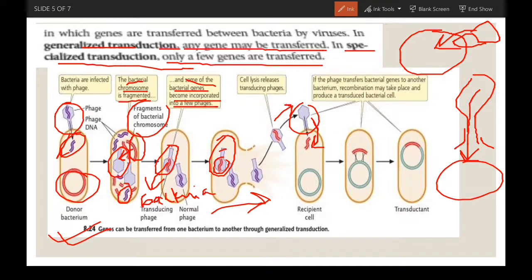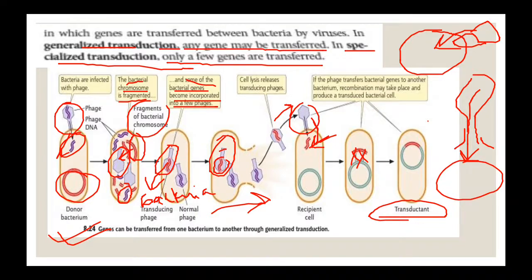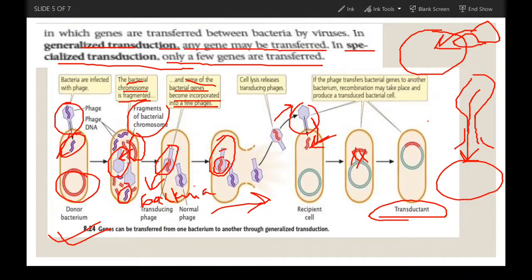This bacterial genome is transferred into the new bacterium, and of course crossing over takes place and a transductant is formed. This is generalized transduction, where any gene may be transferred.